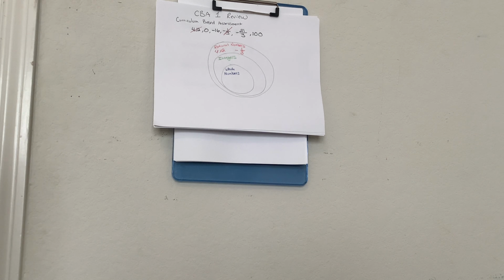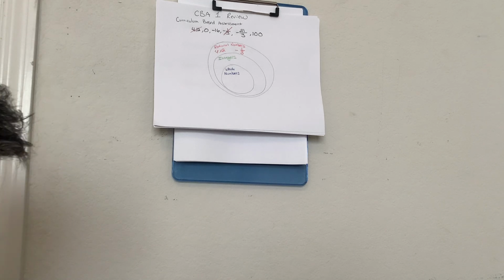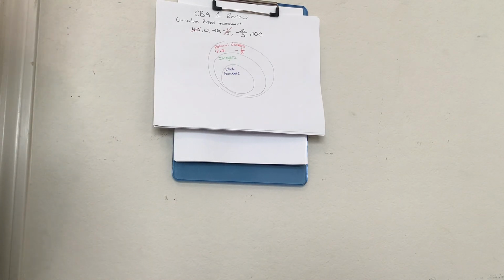Okay, so when we divide fractions, okay, we talked about this in class. We have the cowboy hat and the horse, okay? I'll do my best to draw this, all right? So what I mean by cowboy hat and horse, okay?